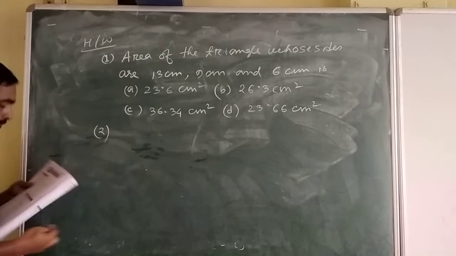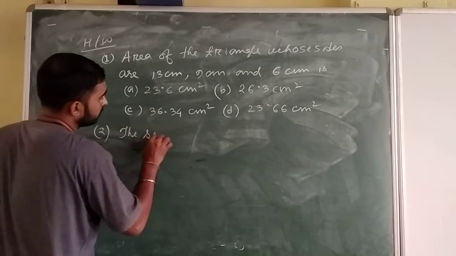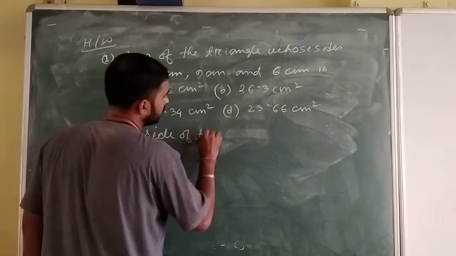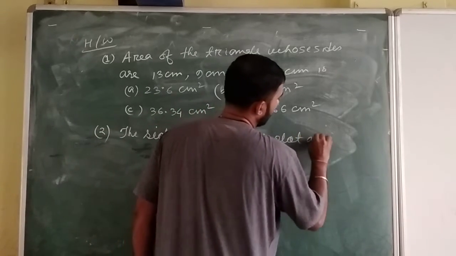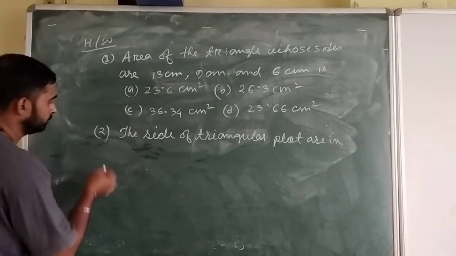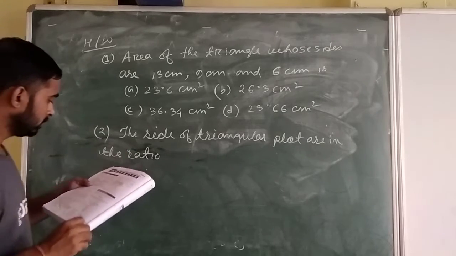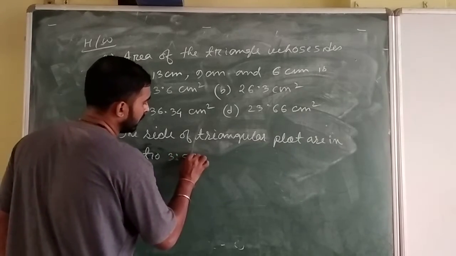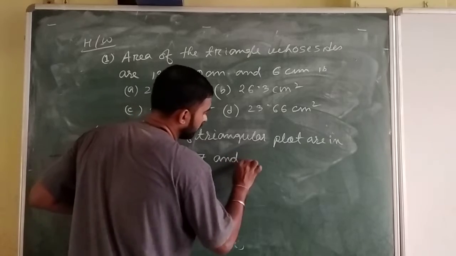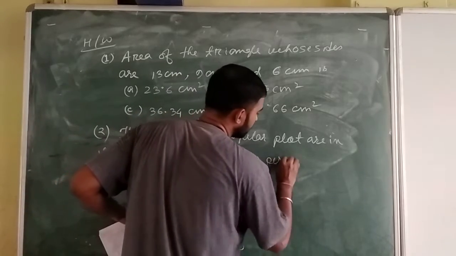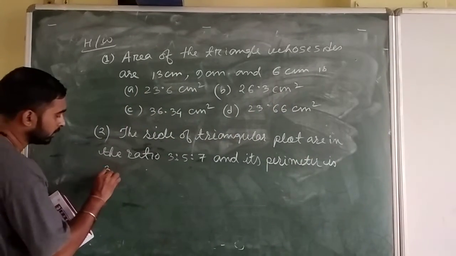Now second homework question. The sides of a triangular block are in the ratio 3:5:7, and its perimeter is 300 meter.